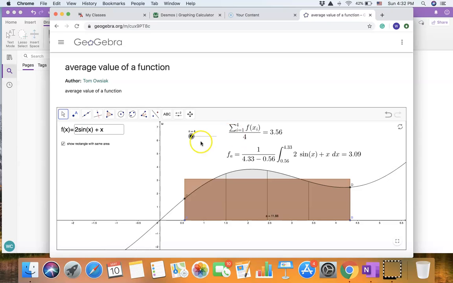Right. So if we increase n to 20, the numerator is the sum of 20 function values, and after we figure out what that sum is, we divide by 20. So on the graph, we divide this interval into 20 even pieces.